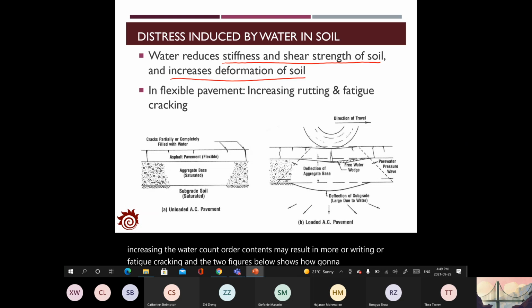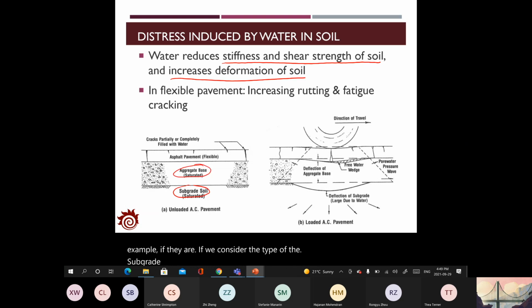For example, if we consider a type of subgrade soil or aggregate base, they all have saturated moisture contents.